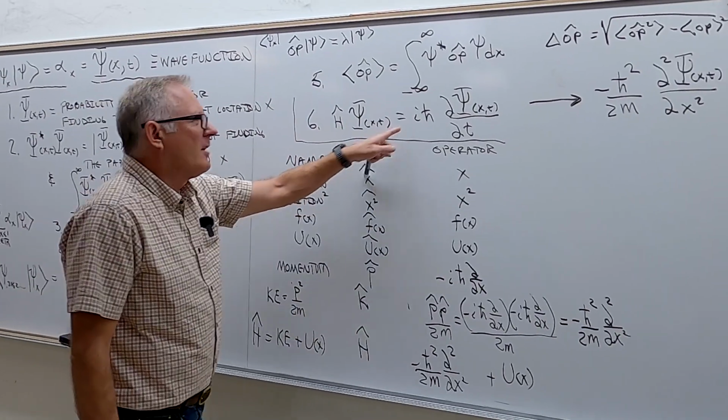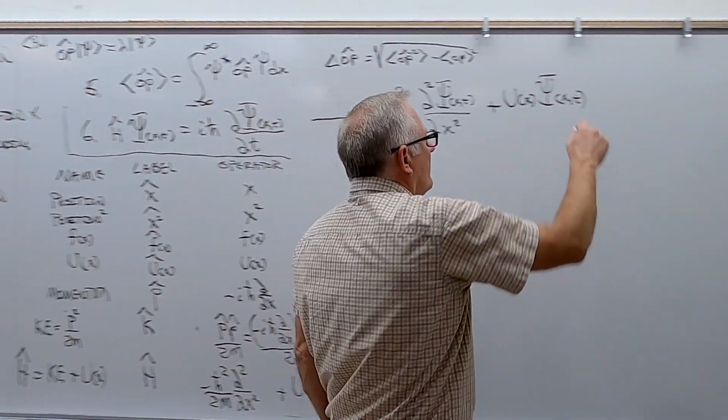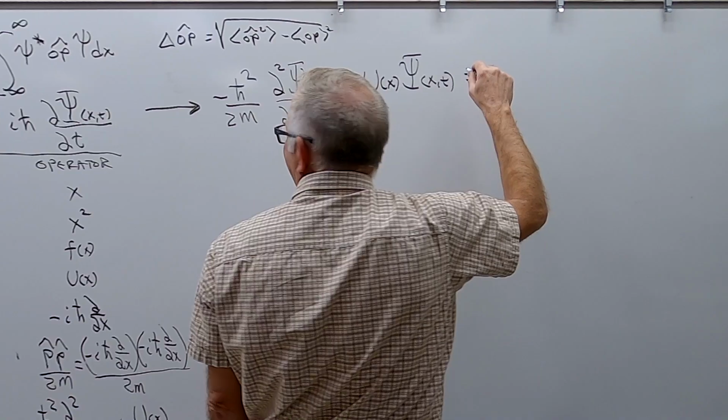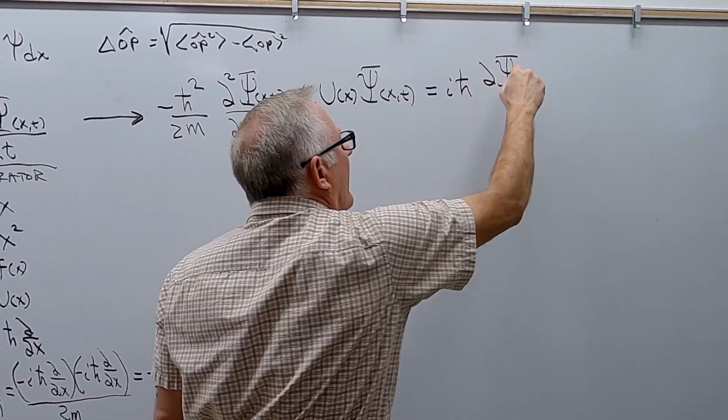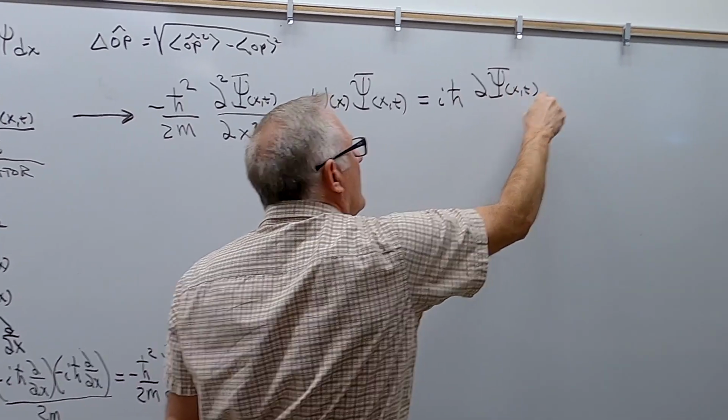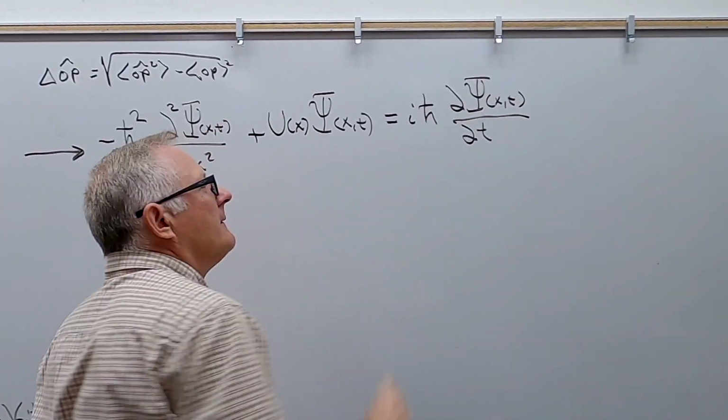And then that equals the right side, equals i h bar times the partial of psi of x and t with respect to t.